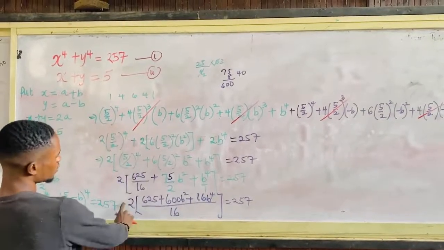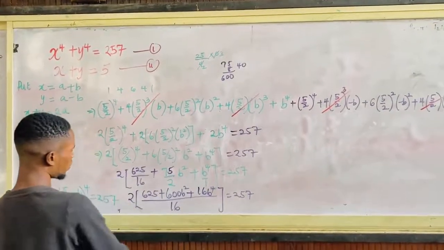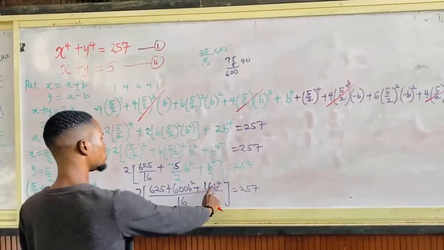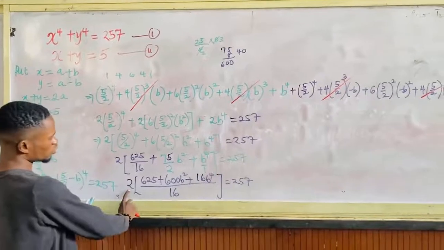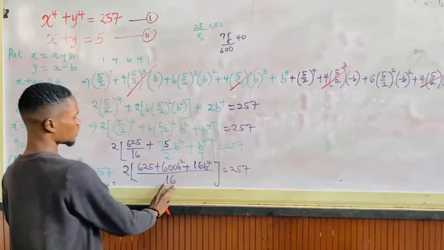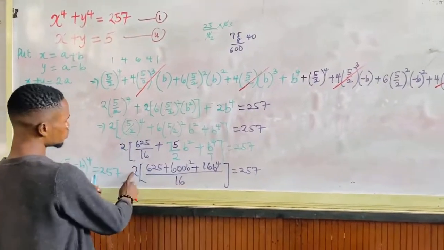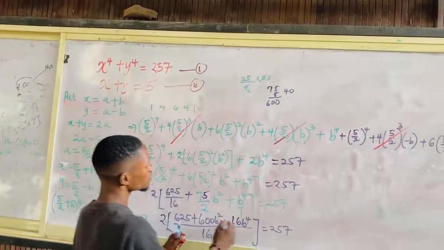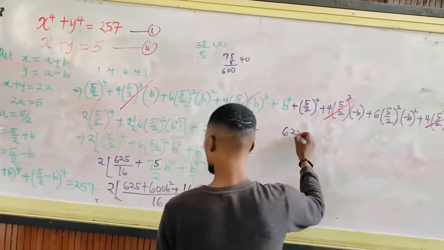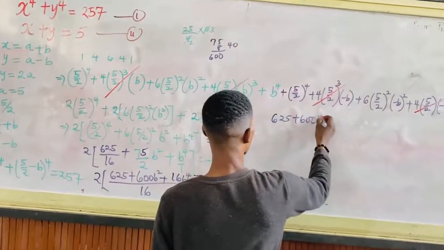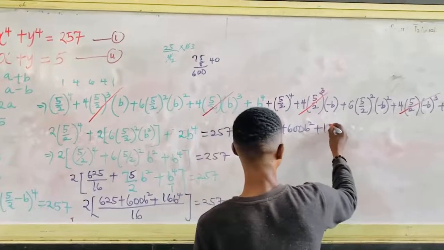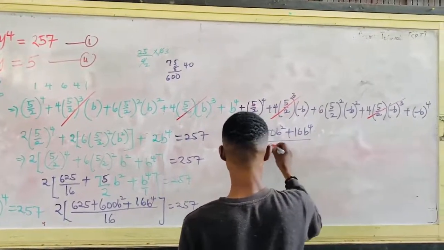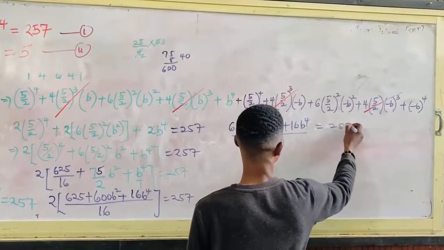Now you take the cross multiplication of this, but this is 625 plus 600 b squared plus 16b raised to the power 4, and this is 2 into bracket, all over 16. Now 16 divided by 2 is 8. That gives 625 plus 600 b squared plus 16 b raised to the power 4 all over 8, which is 257.